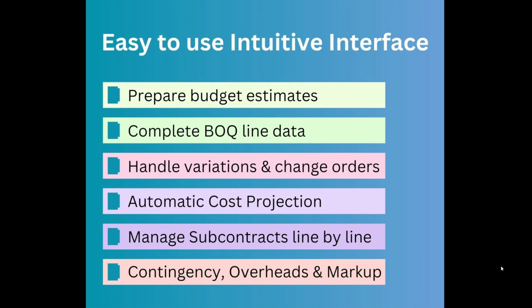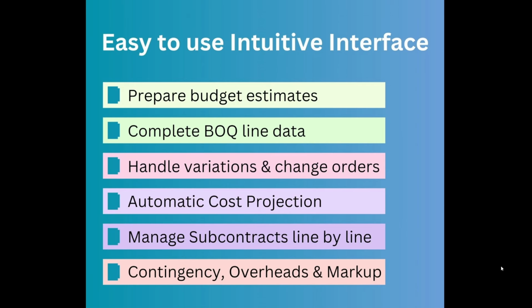Some of the features that are included in this Excel tool: You will be able to prepare budget estimates with Bill of Quantities line data, complete Bill of Quantities. It can handle variation costs and change orders. It will automatically give you a cost projection based on the data for each BOQ line.